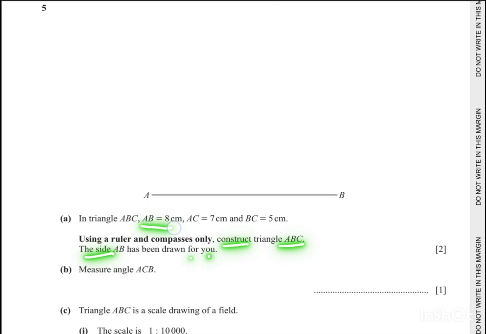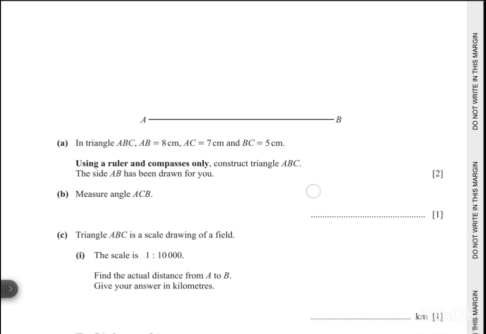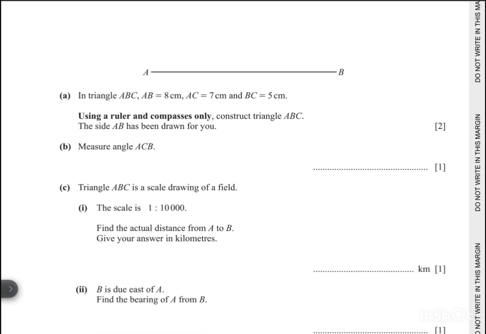Now the side AB is given as 8 centimeters, and we need to complete this triangle using the compass and ruler. I have put this video in the description, you can watch, because I cannot show you the compass and ruler on this app. So you can go through the description for the answers A and B. The measuring of angle ACB also is shown there. Now we'll continue with question C, parts 1 and 2.